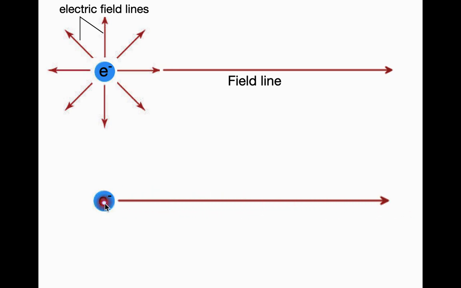Now imagine if I was to take this electron and move it up and then move it down. Well, as you might guess, the electric field line would move with it, just like if this was a rope and you were to take that rope and move it up and down, well, then you would start having a wave forming. And it'll look something like this.